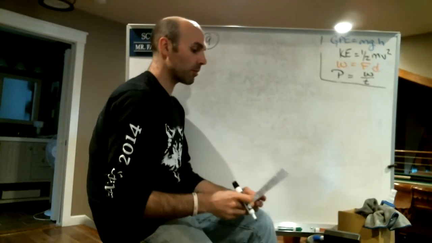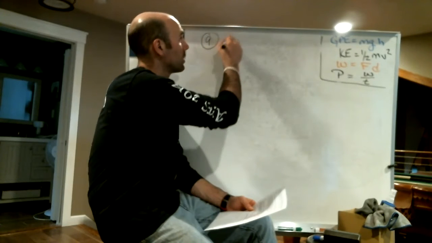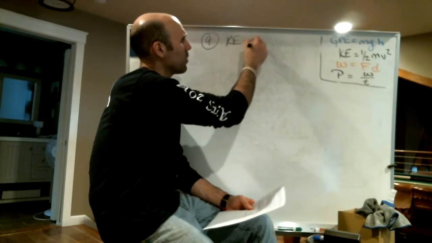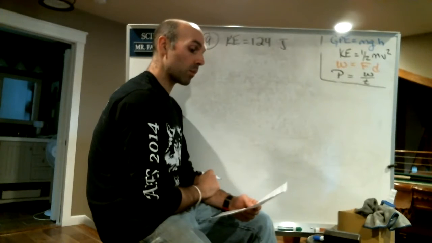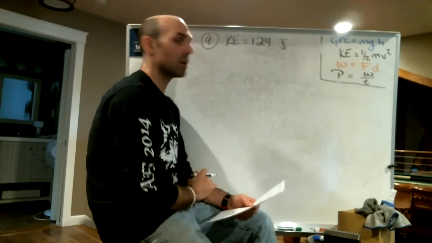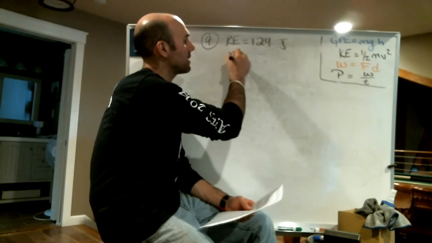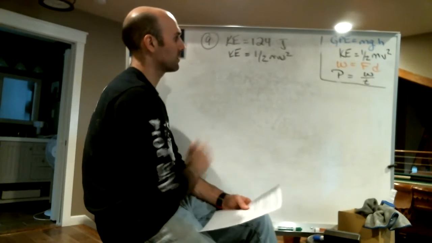Number 9 is a couple parts. A bicycle has a kinetic energy of 124 joules. Let's look at our equation: KE equals 1/2 mv squared.